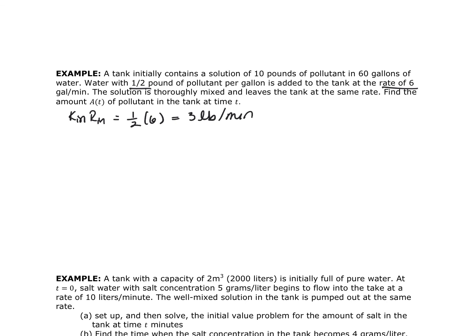We also know the outflow rate, A over 60, multiplied by R out, must be equal to A over 60 multiplied by 6, because my outflow rate is the same as my inflow rate. So this tells me that A over 10 pounds per minute is going to be my outflow rate.